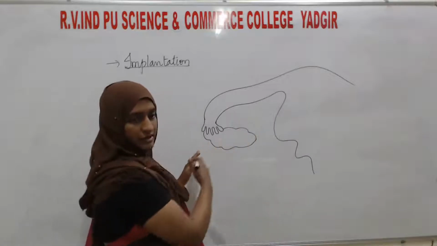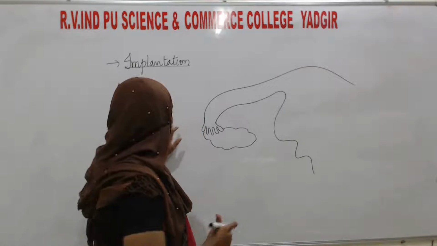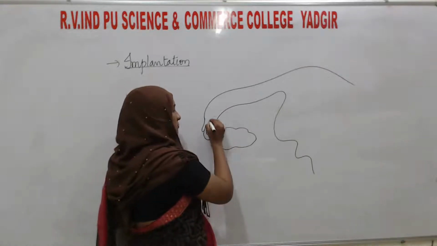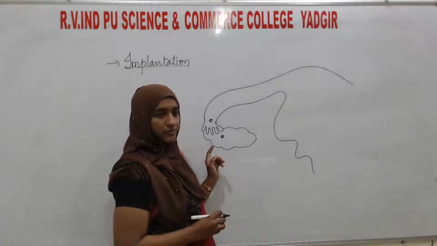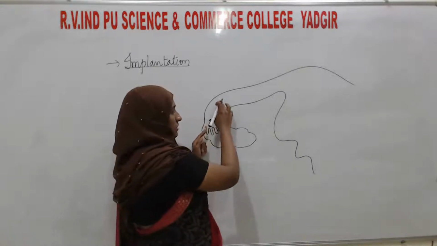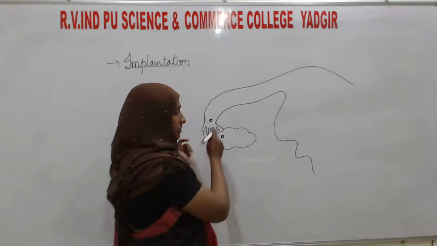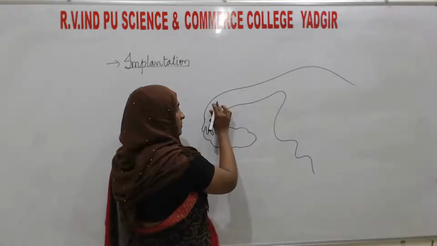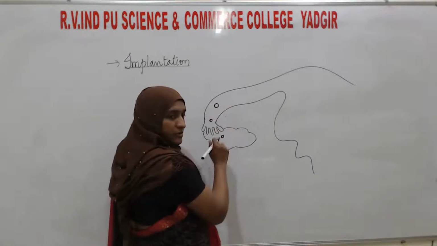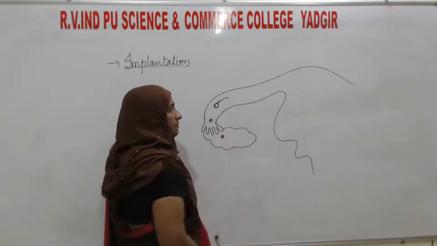Only one part I will explain for implantation. So, this ova is going to be released during ovulation. When this ova is transported to the ampullary-isthmic junction, at that time the sperm comes and reaches over here.